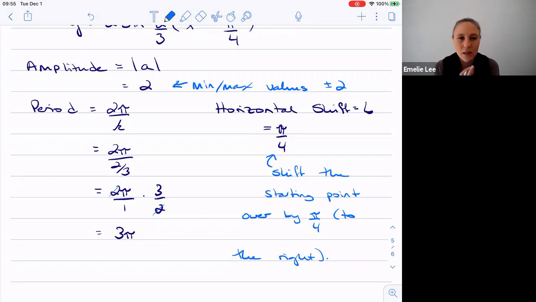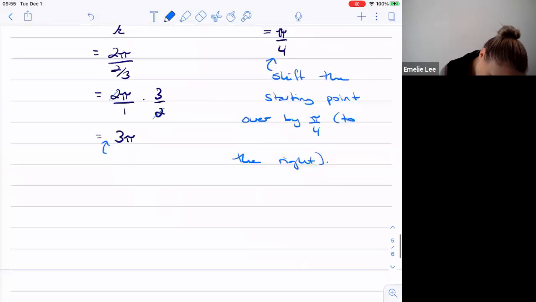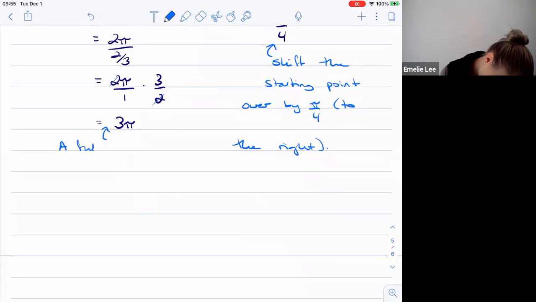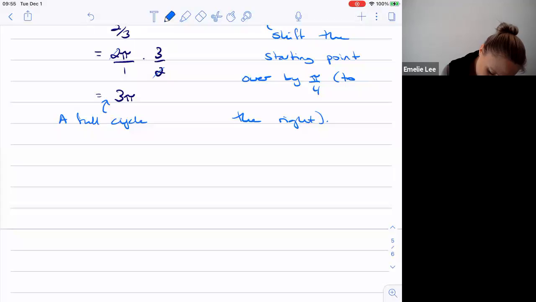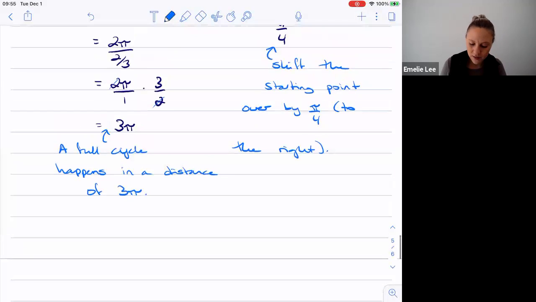And the period is 3 pi. And so a full cycle happens in a distance of 3 pi. Notice, right, that's 3 pi from pi over 4.